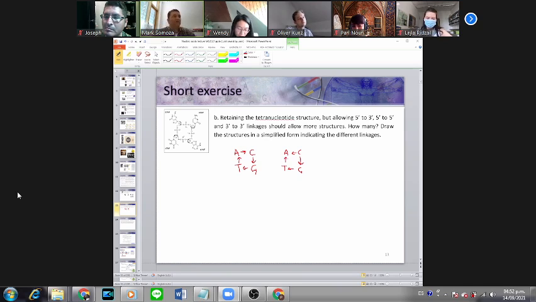Okay, so the question is, does this work molecularly? Does that work at all even? So this would imply that, let's see if I can draw. I don't know if I can draw the structure that fast, but this C has a 5'.